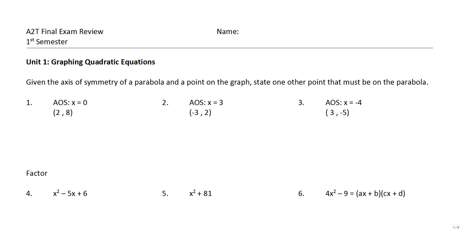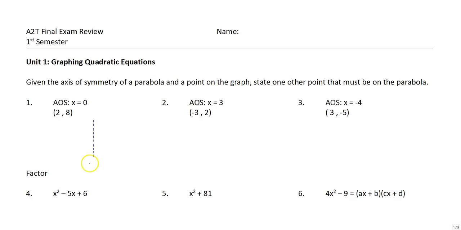Okay, so the first three questions deal with an axis of symmetry and a given point, and you're supposed to state one other point that must be on the parabola. These are very simple. The only thing you have to do is remember that an axis of symmetry splits the parabola in half symmetrically.